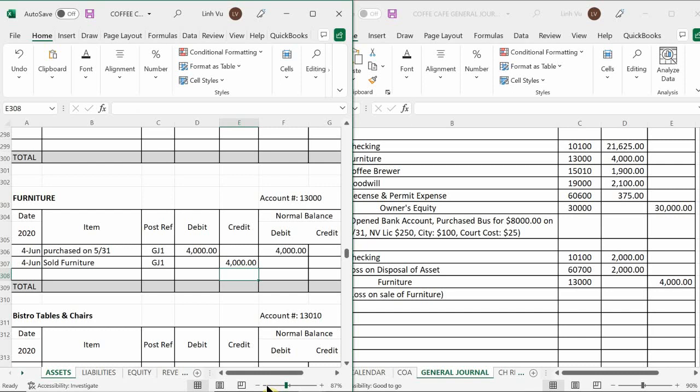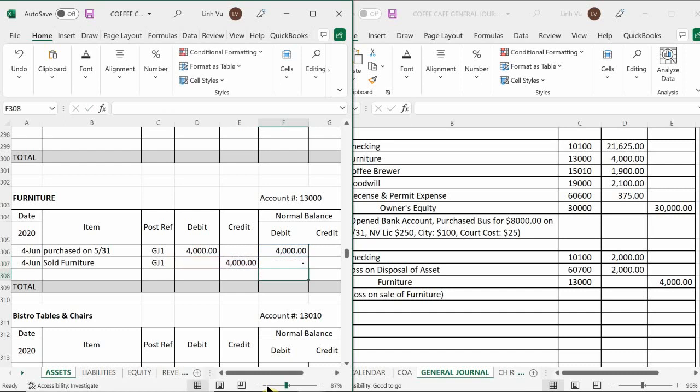Now, because I decreased my account, this is the formula. We're going to practice the formula one more time. We're going to take our previous balance of $4,000. We're going to add nothing in that row because I did not increase my account. However, I do need to subtract out my 4,000 because in this case, I'm decreasing my account. And if I press enter, it should calculate that I have a zero balance.